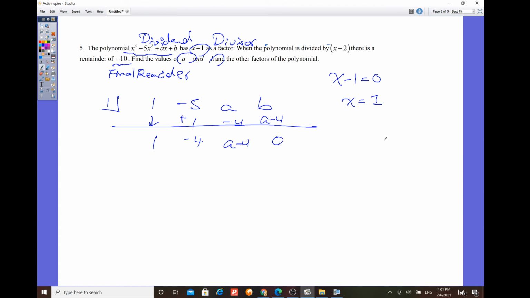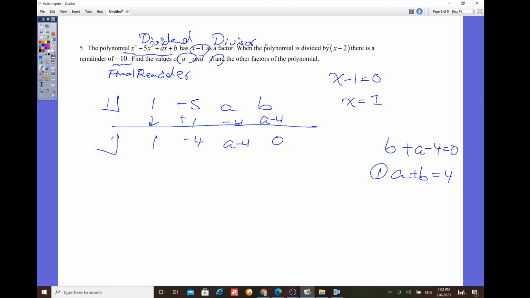One equation we can set up is b plus a minus 4 equals 0. In other words, a plus b equals 4. That's the first new equation we just created. With two unknown constants, we need to set up two equations, like a linear system, so we'll be able to solve for a and b. Then continue with the rest of this.